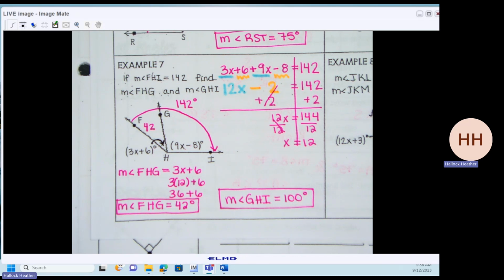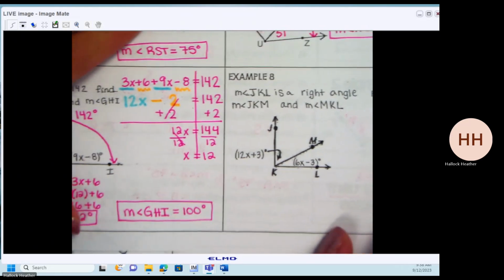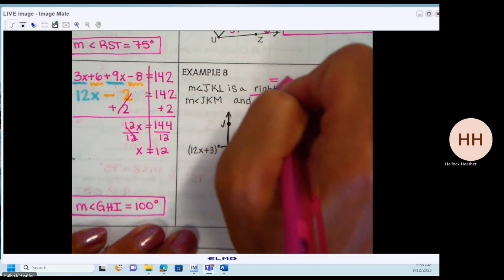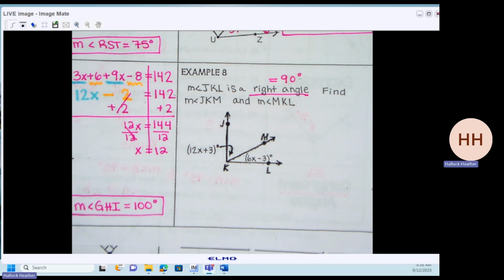So it tells you it is a right angle. A right angle means that it's equal to 90 degrees. So you should be doing angle plus angle equals 90. It's a right angle.